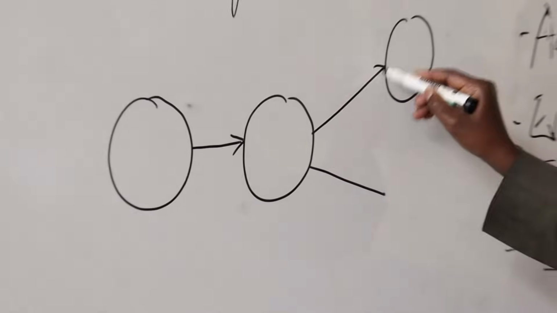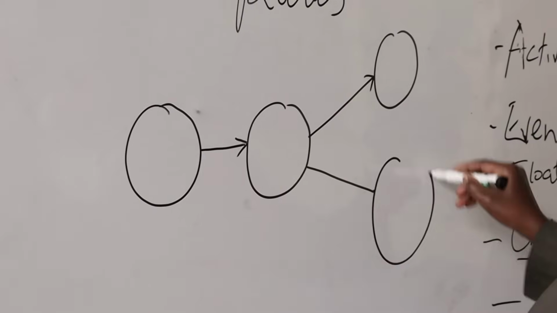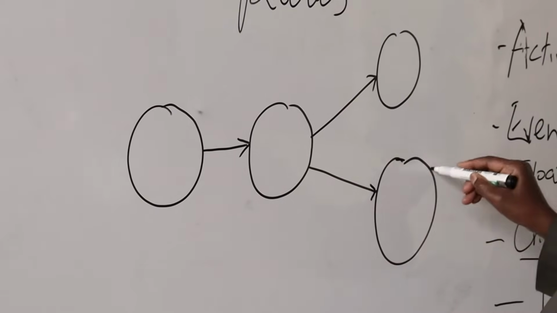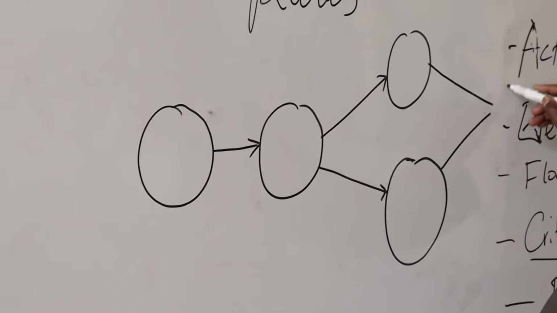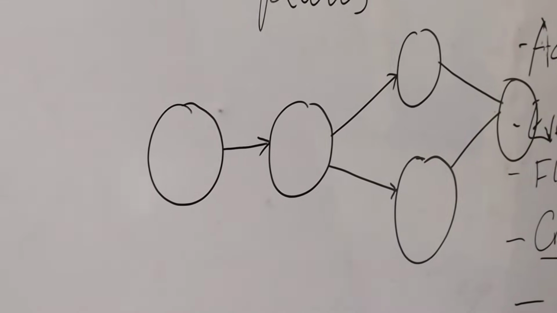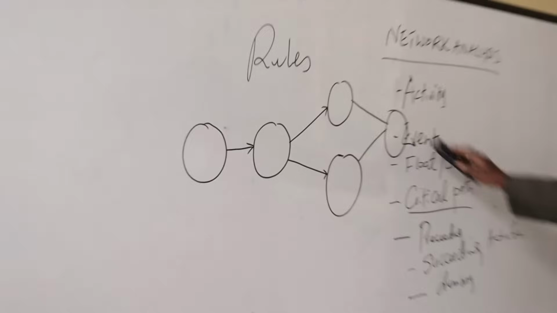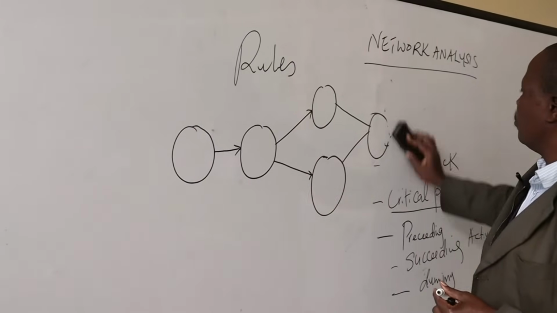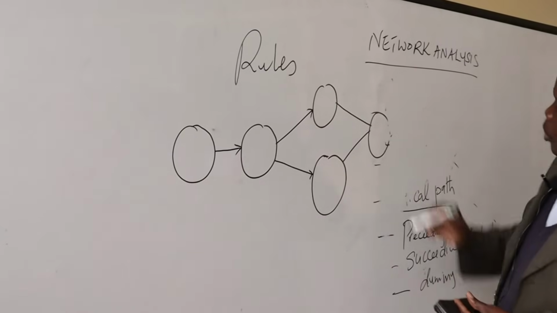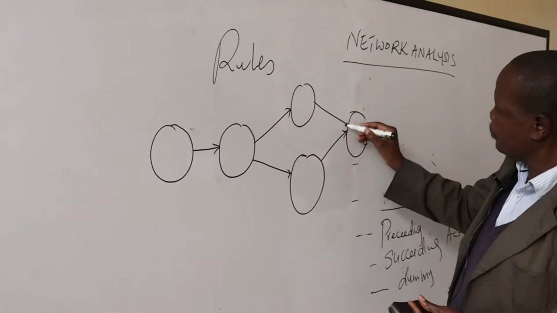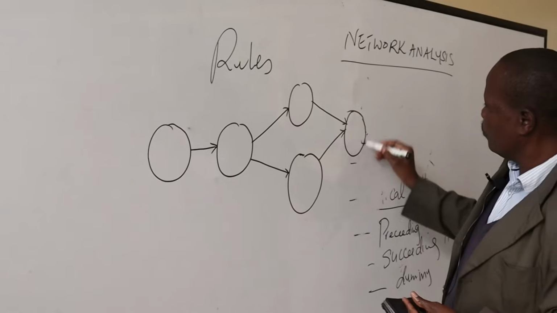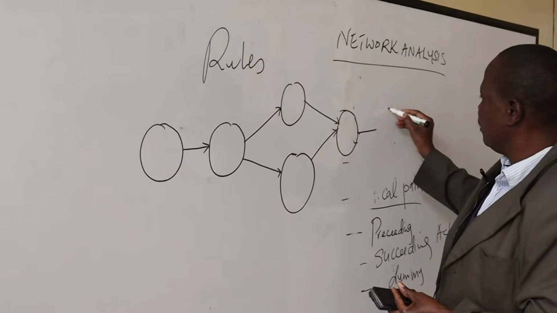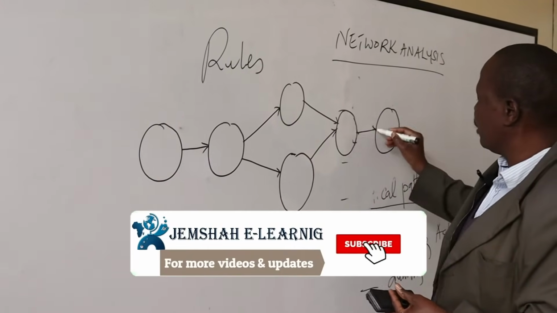So basically, this is a general outlook of a network.